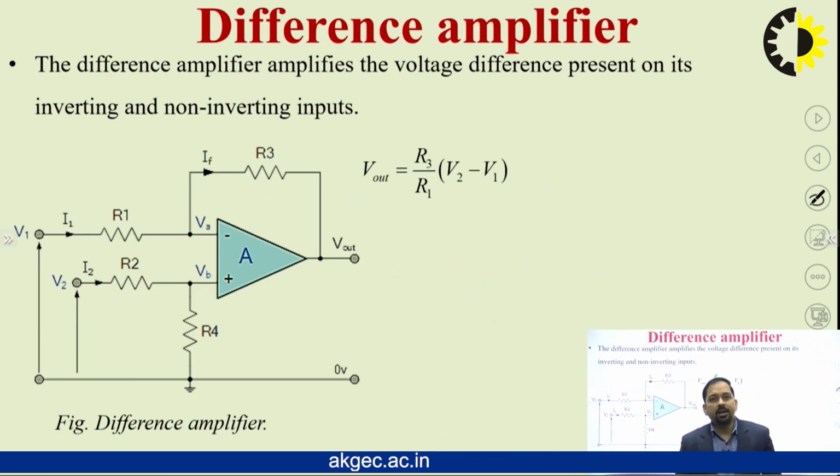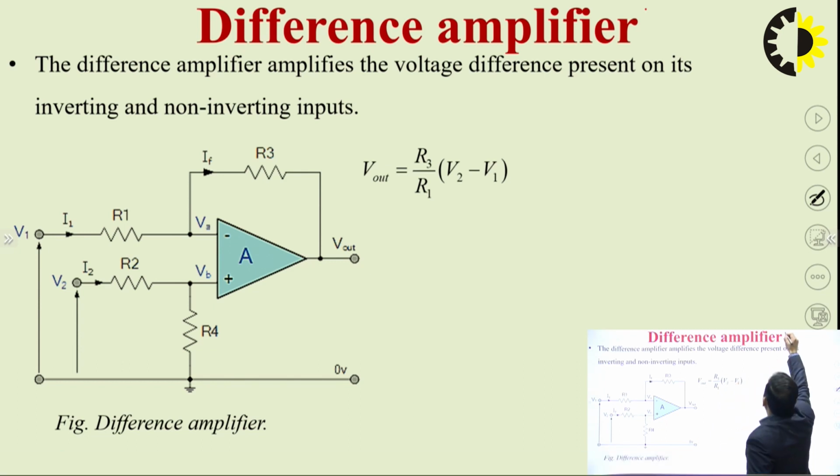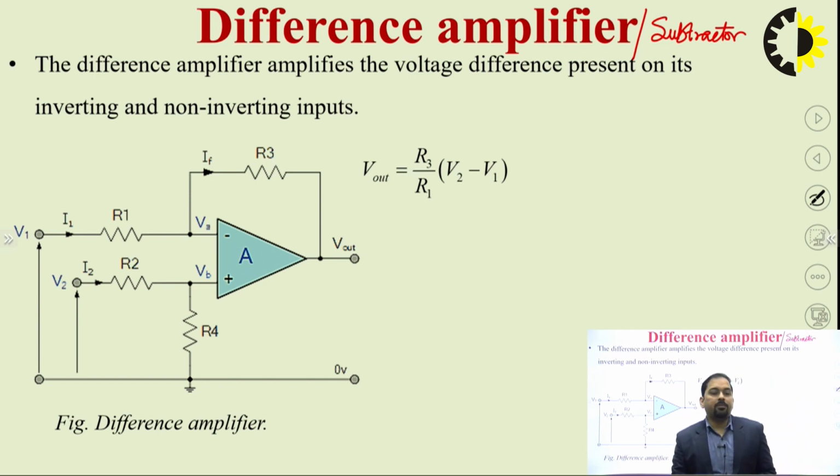Now after this adder or the summing amplifier, we have the next application, which is known as a difference amplifier, also known as a subtractor. As the name suggests, it is basically performing the subtraction of the input voltages applied at the inverting and non-inverting terminals.